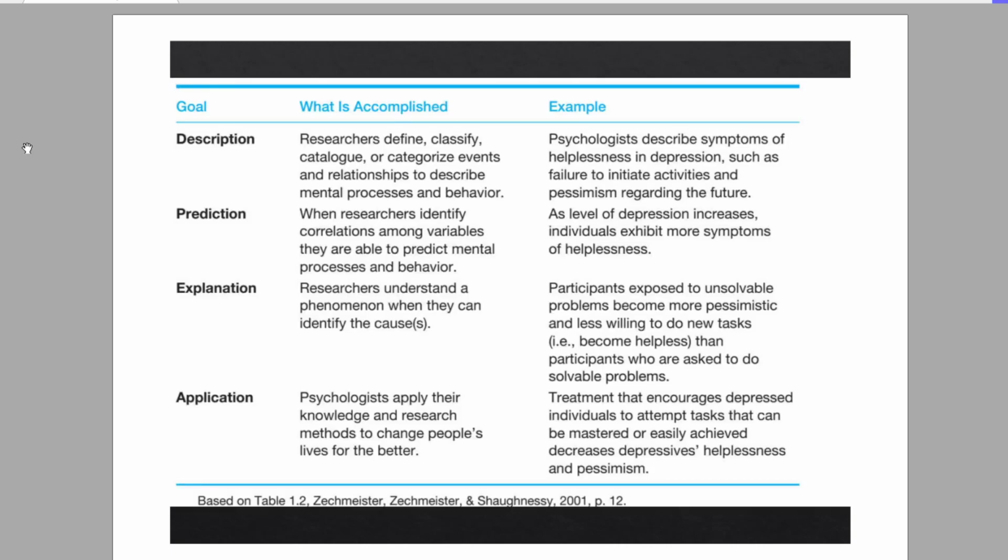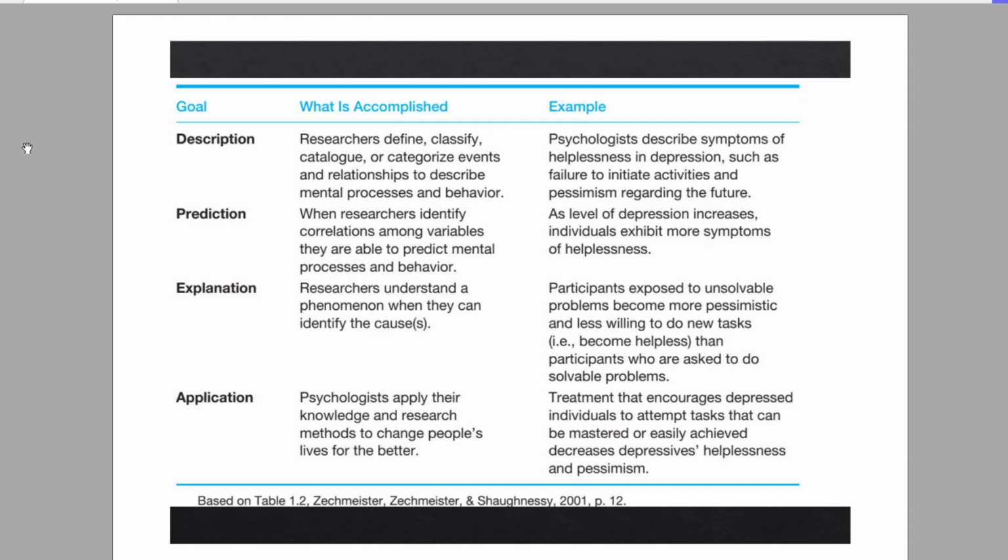So giving a description, for example, researchers define, classify, catalog, or categorize events and relationships to describe mental processes and behavior. An example would be psychologists describing symptoms of helplessness and depression. And the next one would be prediction, where you try to identify correlations or how variables might co-vary with each other.